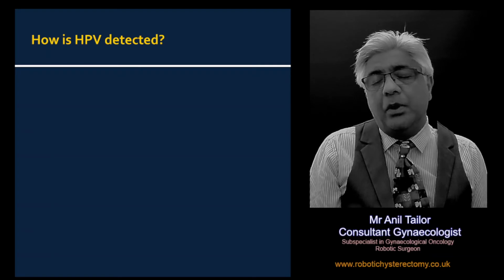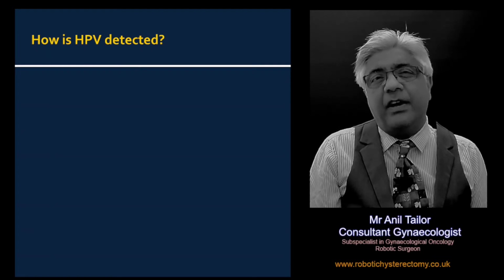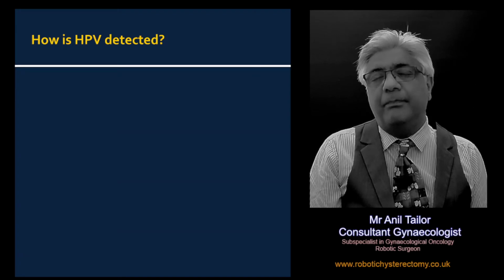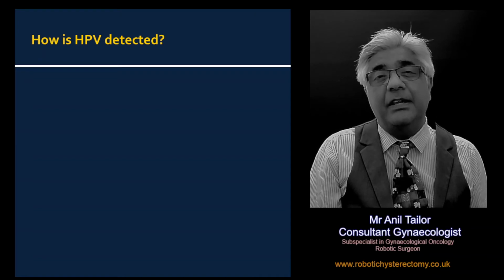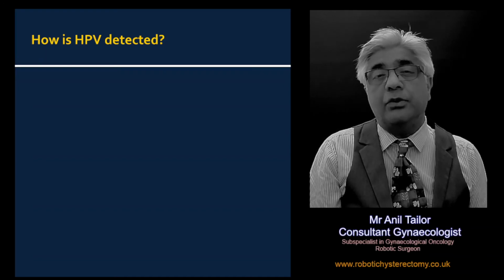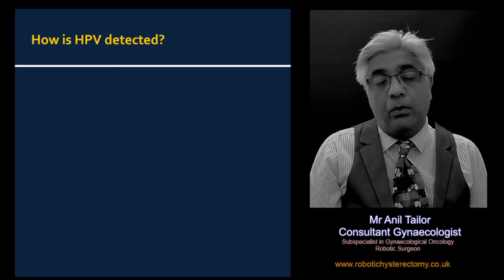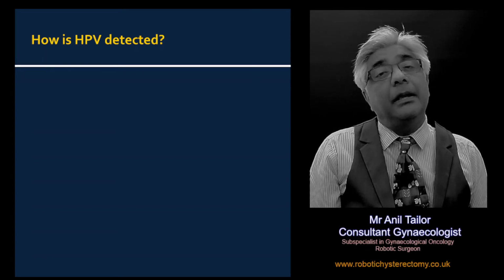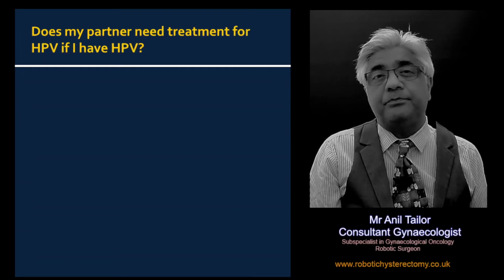So what that means is that the lab is mostly interested in the high-risk type. If they find the low-risk HPV, they will consider the smear as being normal, even if there is HPV. It will only be called abnormal smear or a positive smear if there is high-risk HPV detected.